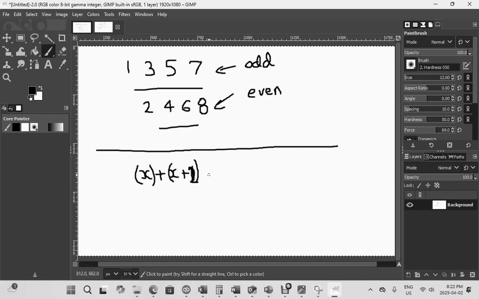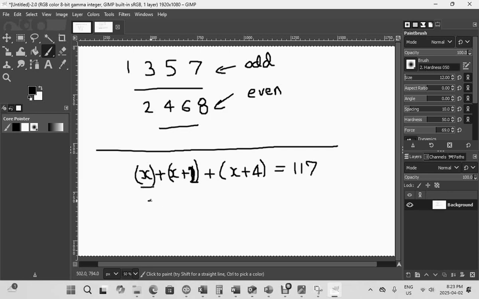So x plus 2 plus x plus 4 equals 117. So 1 plus 2 is 3, 1 plus 4 is 5. These are all odd. So equals 117. Now we need to find the value for x.